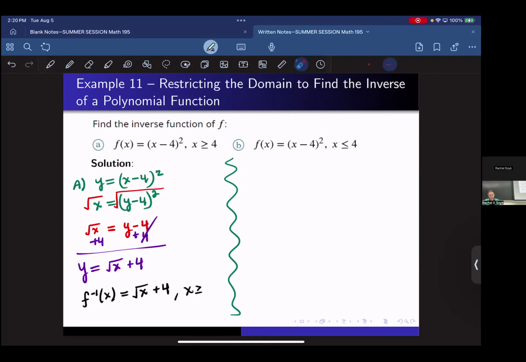In this example, we're looking at the inverse. This was before, this was dealing with now the range of the inverse. But now if we're looking at the domain here, what's the domain of our inverse? It can never be what underneath the square root? Yeah, so x has to be greater than or equal to? Yeah, exactly.